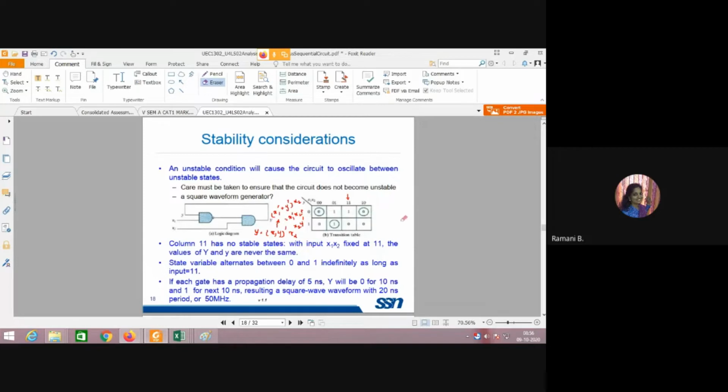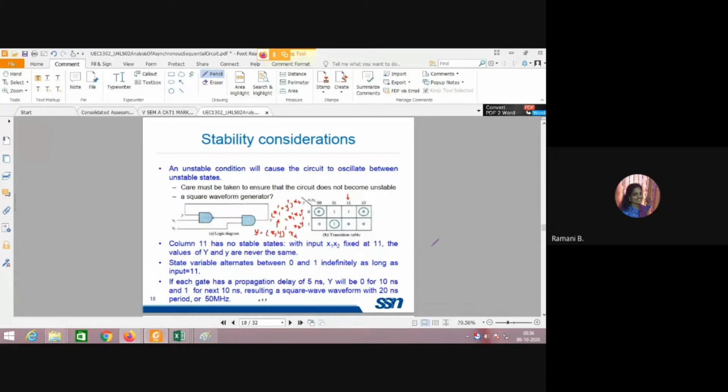However, for input combination 1, 1, you don't have any stable state at all. So what happens if the circuit encounters the input combination 1, 1? It will oscillate between 0 and 1, because if the secondary variable is 0, the excitation variable is 1. If the secondary variable is 1, the excitation variable is 0. So this particular circuit alternates between 0 and 1 indefinitely.